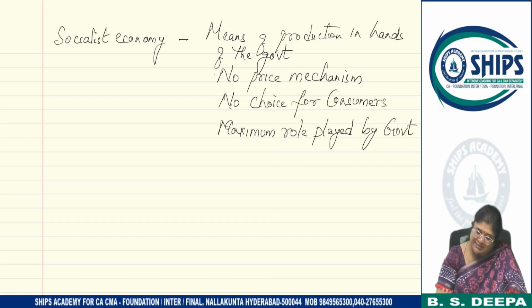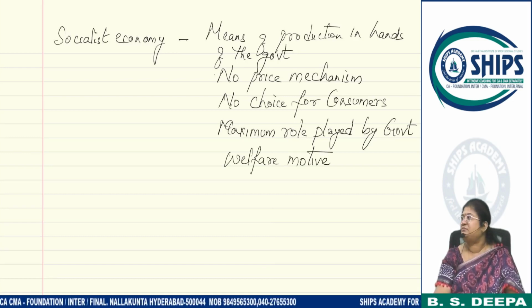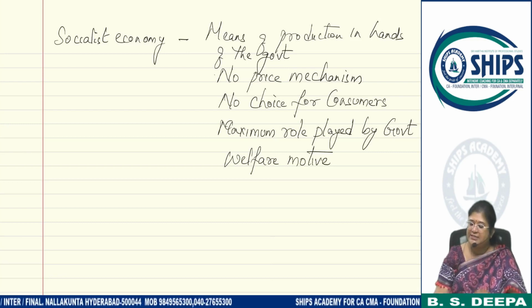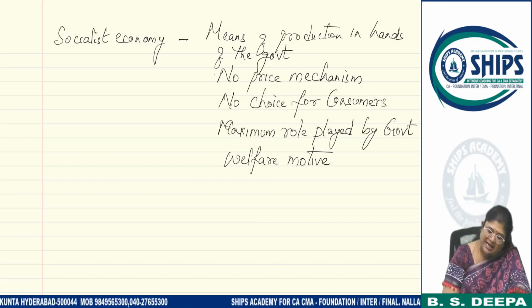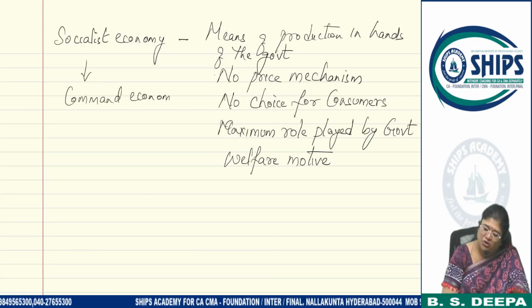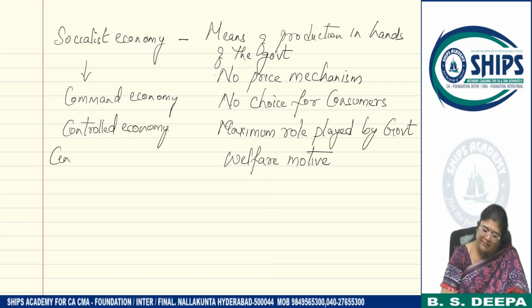Okay, and there is a welfare motive instead of a profit motive. Now, these are the main characteristics of a socialist economy, and that is why it is also called a command economy, also called a controlled economy, and sometimes it's also called a centrally planned economy.